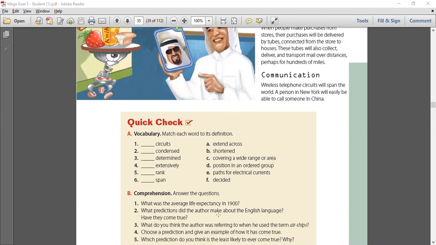What is the meaning of circuits, Thalith? What do you think the meaning of circuits? It's something related to electronic. What is the meaning of circuits? Thalith, guess. Yes, what is the meaning of circuits?